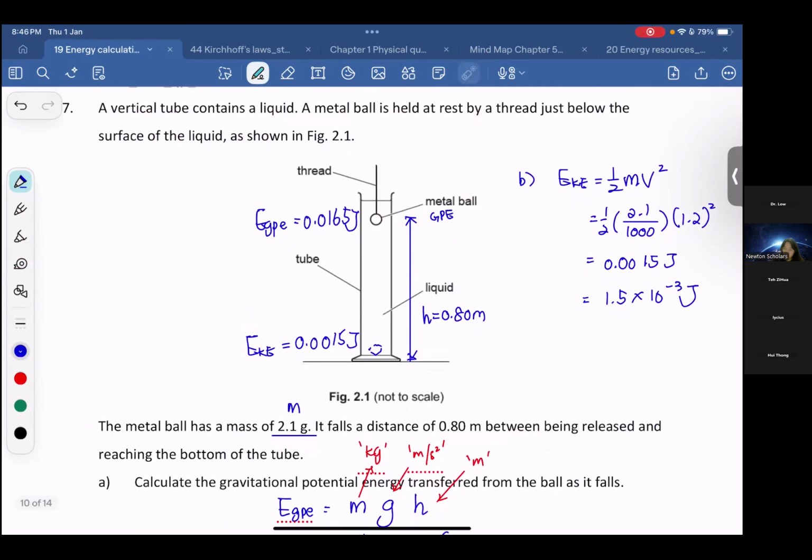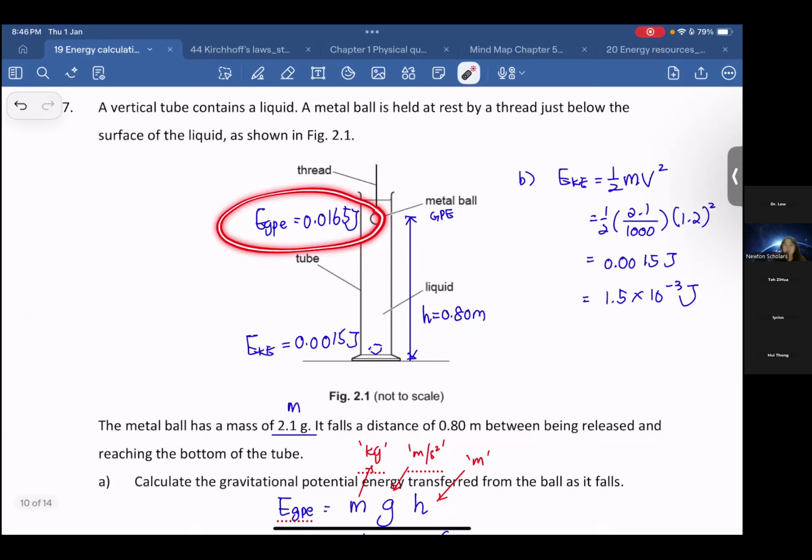Teacher, you told us that energy cannot be destroyed and cannot be created, so it must be constant in the system, but it's not constant. Starting is 0.0165, then right now it's only left 0.0015 joule.